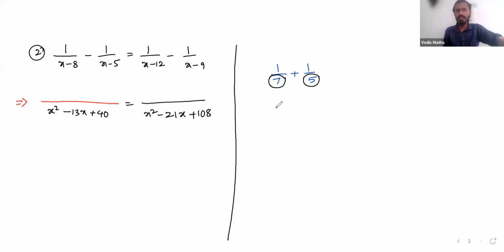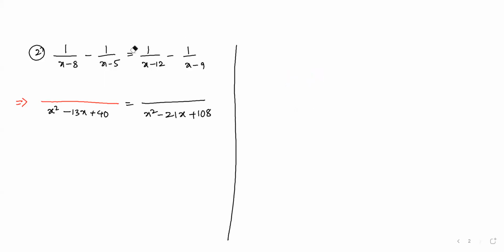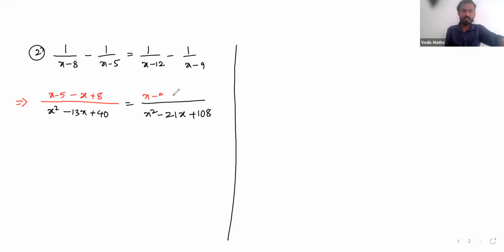In this case, you can directly take the product of the denominators as the LCM. The same concept I'm using. So then the numerator is x minus 5 minus x plus 8, and x minus 9 minus x minus 12.